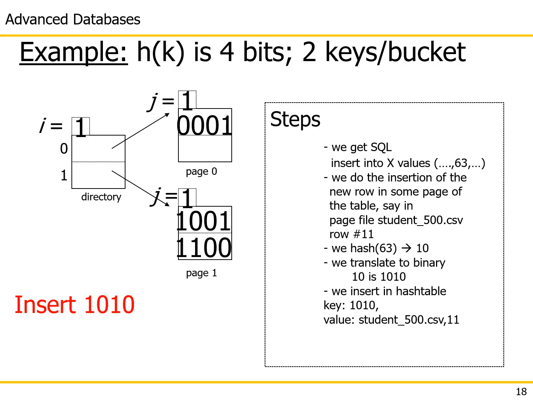Now the J, and we only have, by the way, one I in an extensible hash table, which is associated with the directory. Now the J is another parameter that tells us how many bits are common across the entries in the same page.